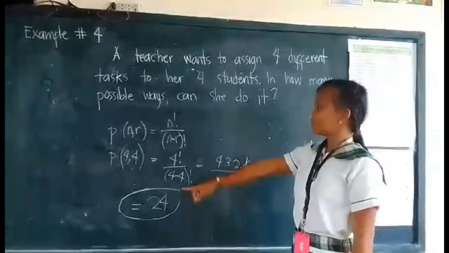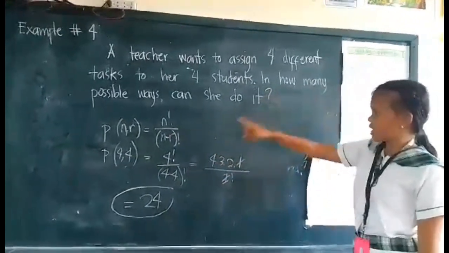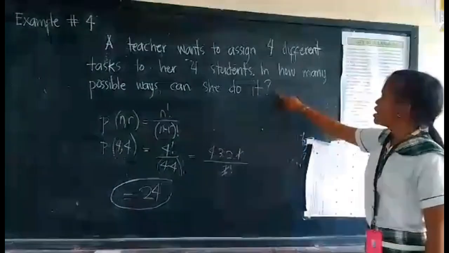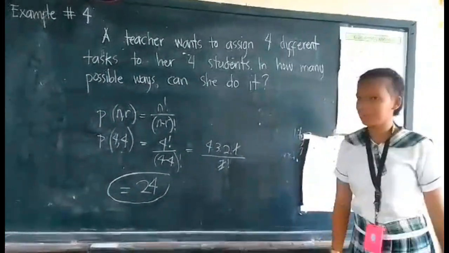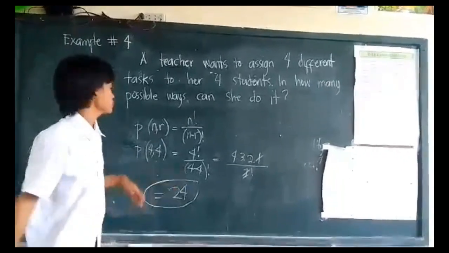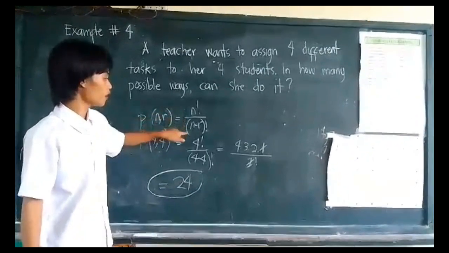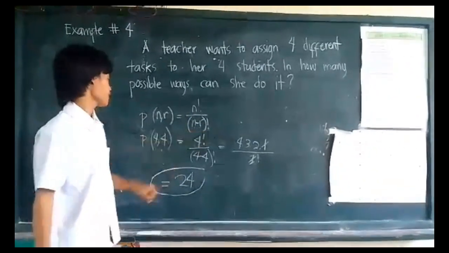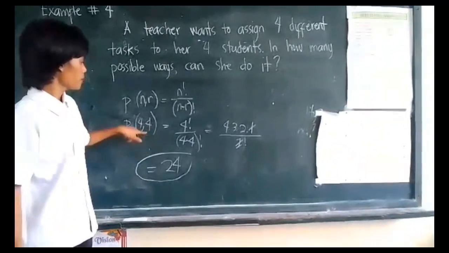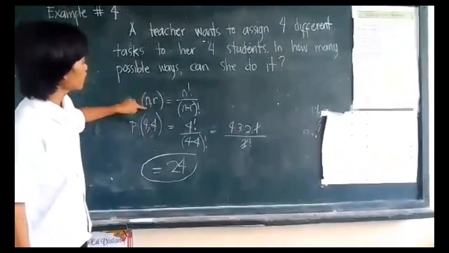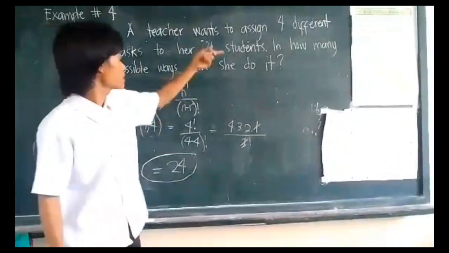Here is example 4. A teacher wants to assign 4 different tasks to her 4 students. In how many possible ways can she do it? So this is the formula. P(n,r) equals n factorial over n minus r factorial. So it is P(4,4), for 4 different tasks and 4 students.